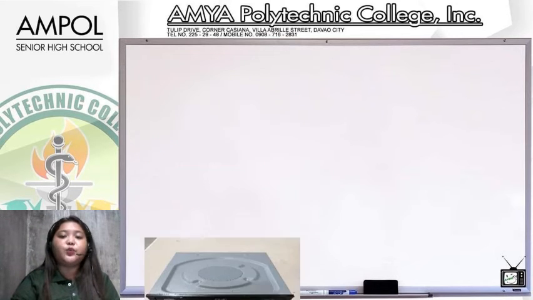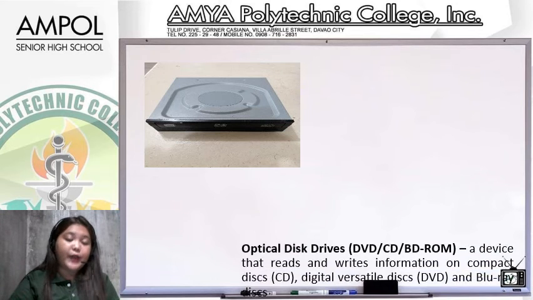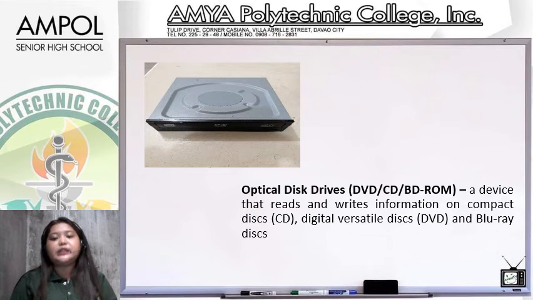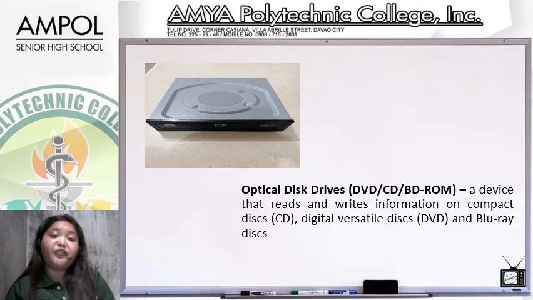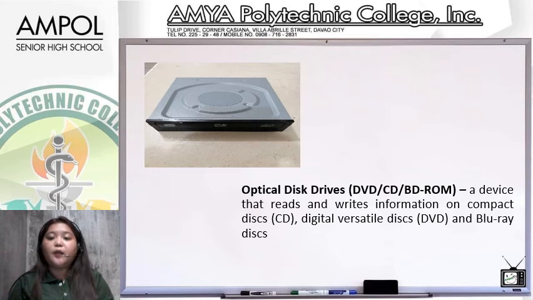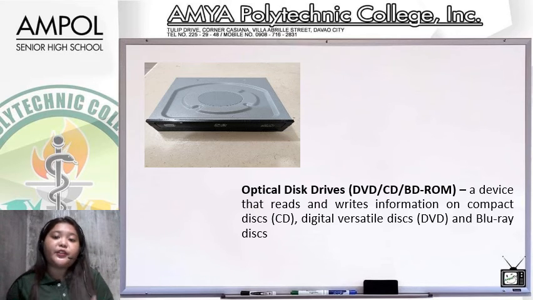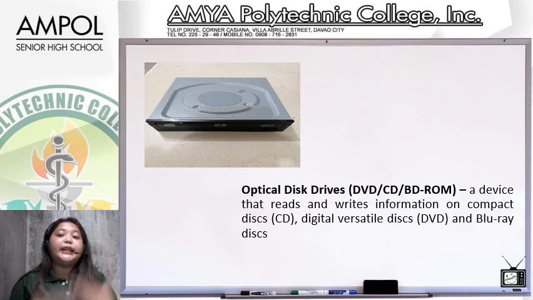And the last one is the optical disk drive, which can be used for DVD, CD, or BD-ROM. It is a device that reads and writes information on compact discs (CD), digital versatile discs (DVD), and Blu-ray discs.